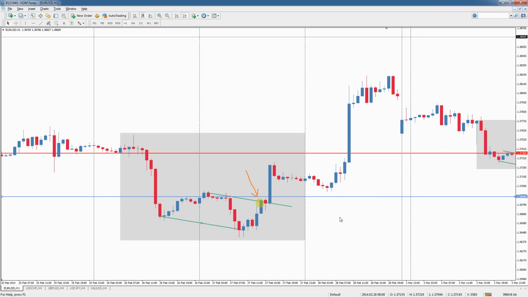We can put our take profit at the red line. This is the distance we measured between the two lows and the neckline. So from our entry point, we're going to put a take profit at the same distance higher. In this case, we measured 40 pips between the neckline and the line between the two lows. So we're going to put our take profit 40 pips higher than the neckline.